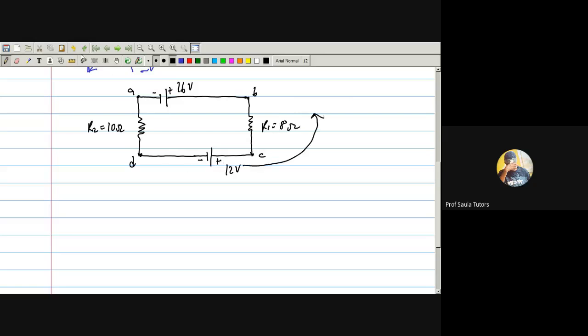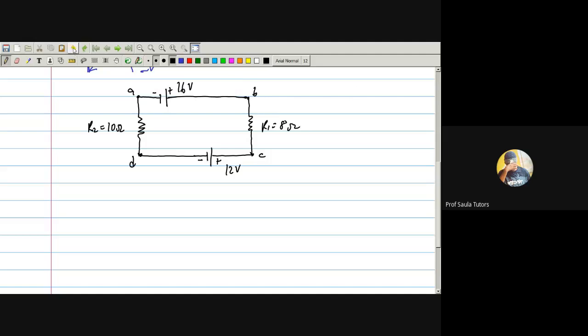Looking at these two cells, which one has the highest voltage? The first one, 16. It means this direction of current will dominate. So this direction is correct. If I choose a wrong direction, I will have a negative answer.